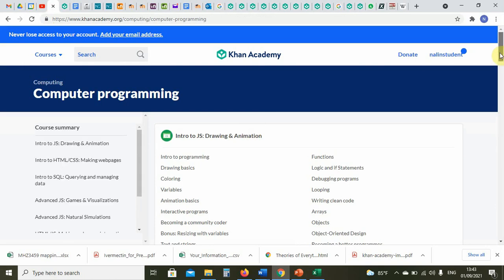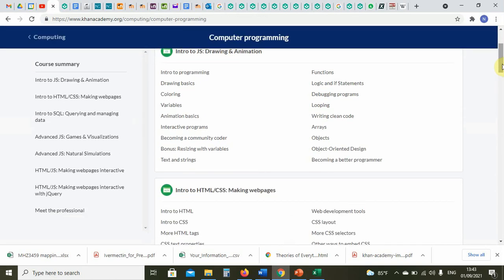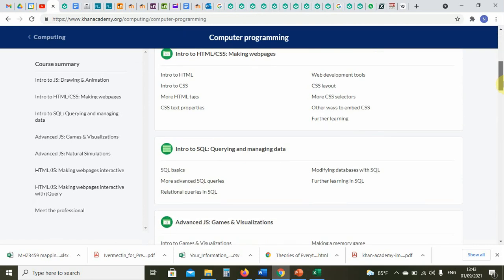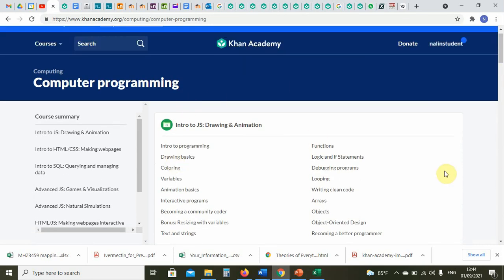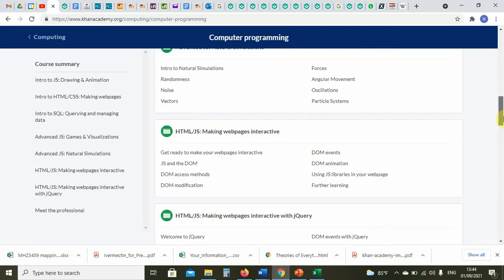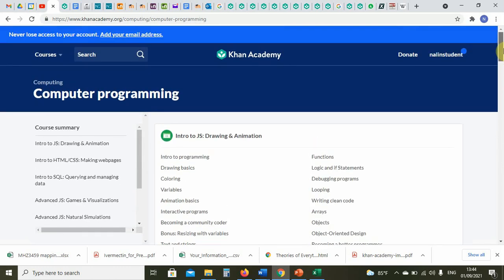So this is introducing JavaScript and some web pages and so on. But you should do this after you finish the Scratch course, okay? Because this material will be done again in your first courses in the first semester. But if you already have good programming experience, you can brush up your knowledge by doing this.